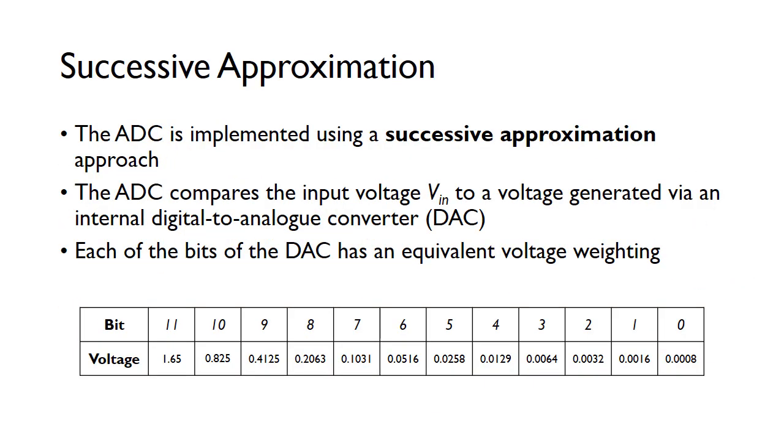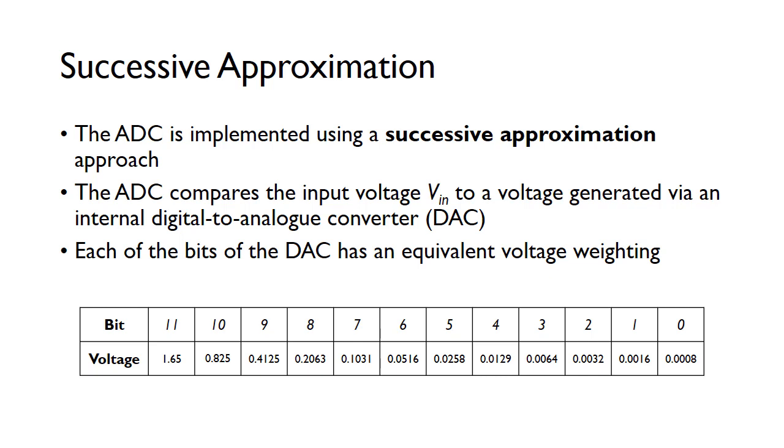The ADC is implemented using a successive approximation approach. This basically means the ADC compares the input voltage to a voltage that's generated internally via a digital to analog converter. So inside the ADC, there's also a DAC. Each bit of the DAC has an equivalent voltage weighting.